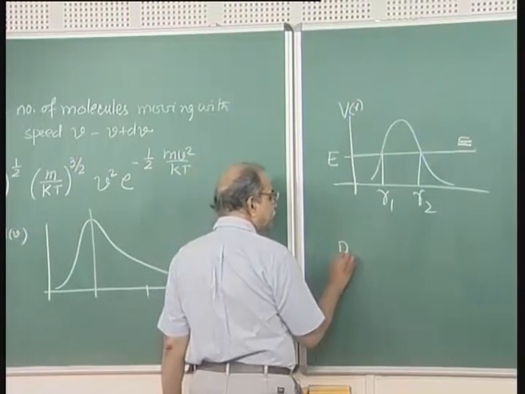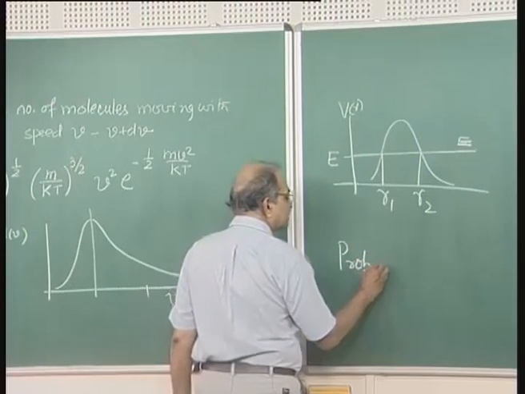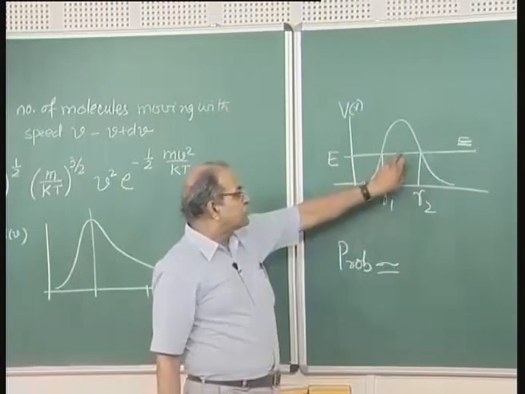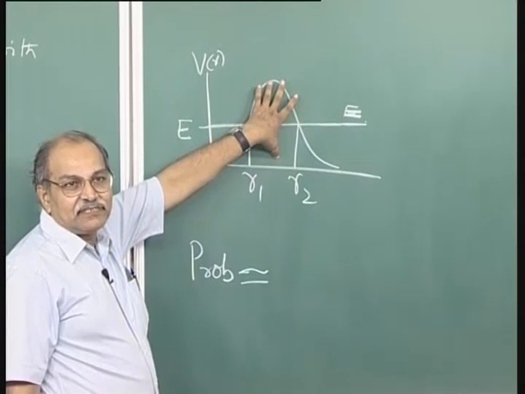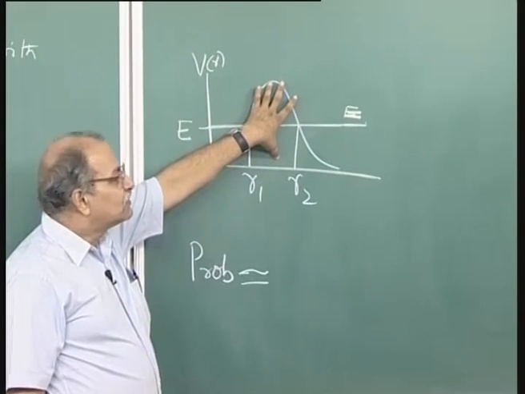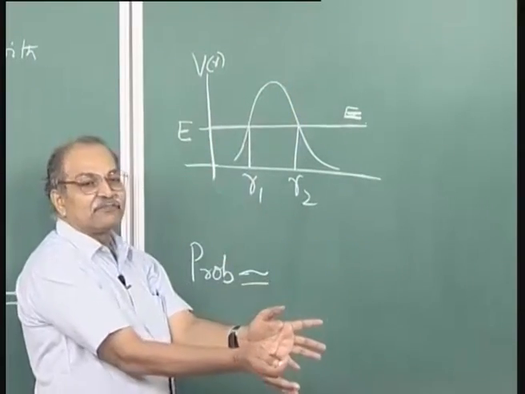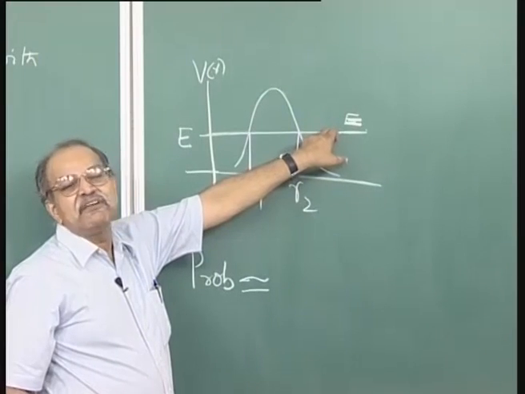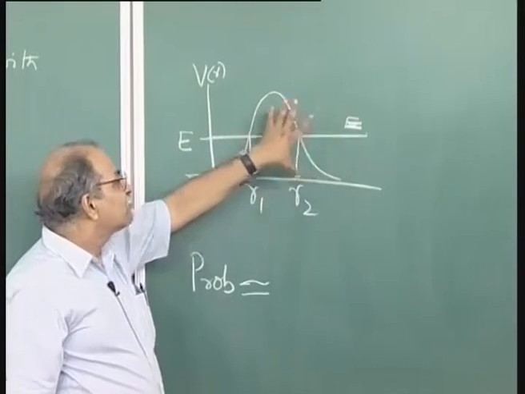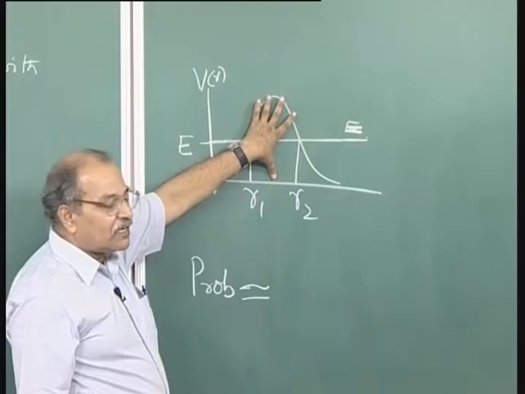That probability, especially if this energy is much smaller than the barrier height, not like the figure I have drawn. Assume the thermonuclear fusion, for example; in that case this available energy is always very small as compared to the total height here.